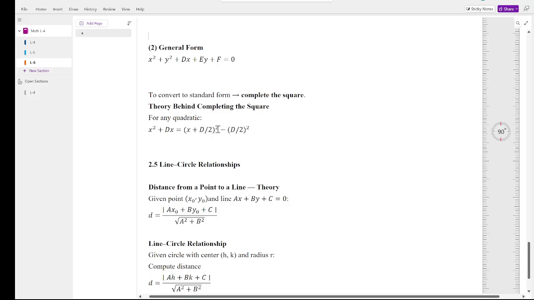For any quadratic, x squared plus dx equals x plus d over 2 whole squared minus d over 2 whole squared. Completing the square rewrites the equation so we can easily see the center and radius.